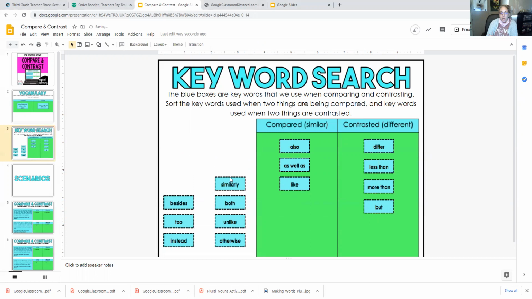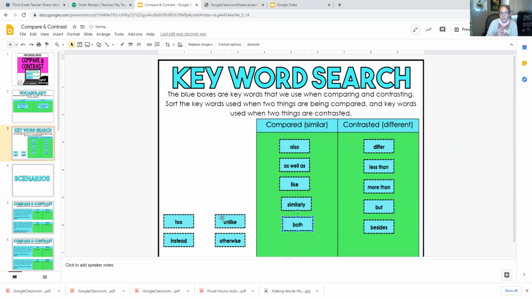Good job. How about similarly? What do you think? That would be compare. We're comparing. Besides, contrast. Excellent. We're going to see these in some writing in a few minutes. And what about both? Compared. Good job.